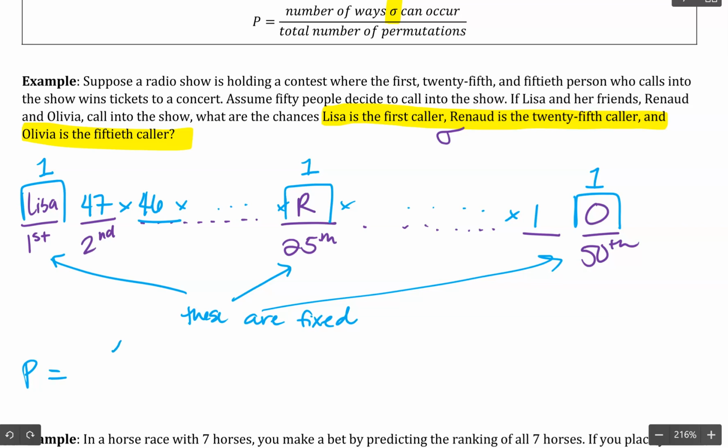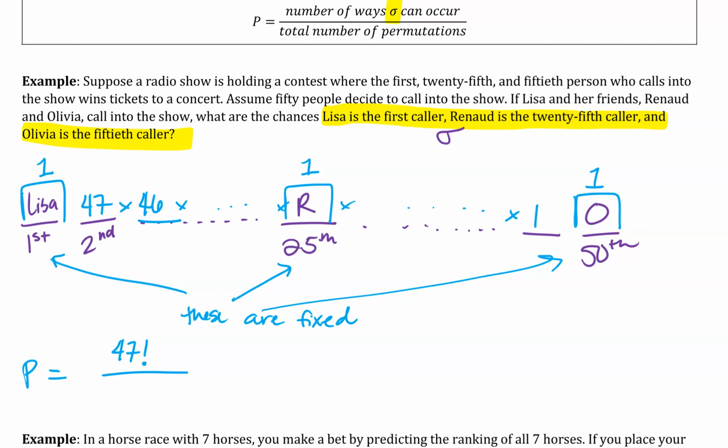So for our numerator, there are 47 factorial ways for our three friends to be in those three specific places, first, 25th, and 50th. Now our formula says that we divide that by the total number of permutations.